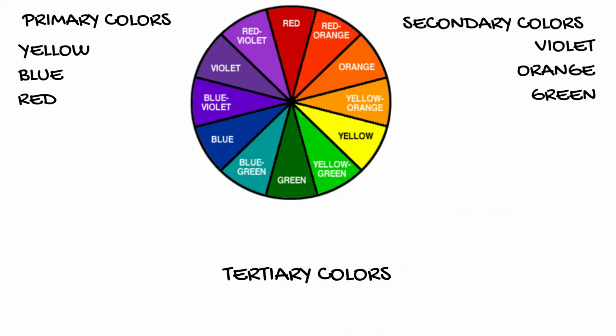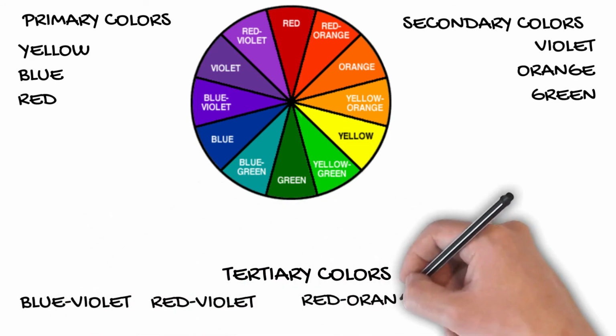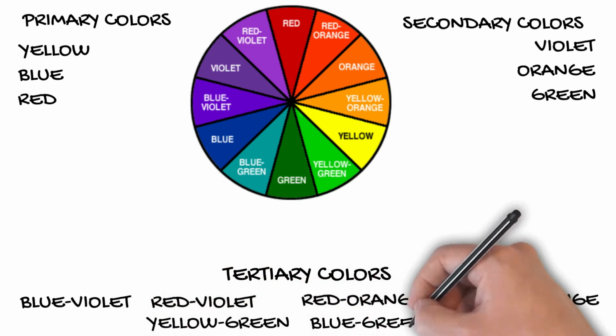Tertiary colors are colors that come from mixing a primary color and a secondary color. This includes blue-violet, red-violet, red-orange, yellow-orange, yellow-green, and blue-green.